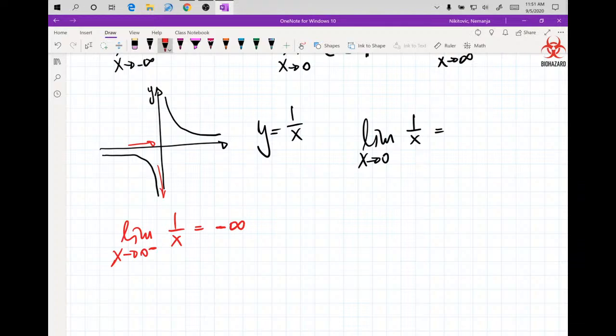It's going down. Then we have the approach from the right, that one is Romeo, and that one goes forever up. So as x goes to 0 plus, approaching 0 on the x-axis from the right, the limit of 1 over x is positive infinity. So the overall limit does not exist.